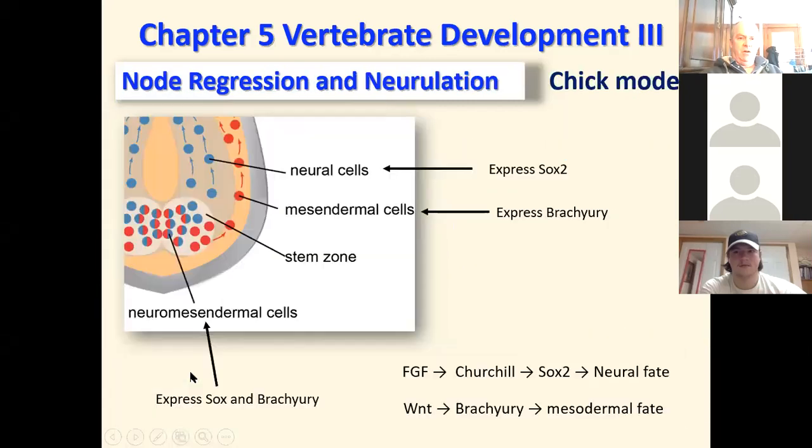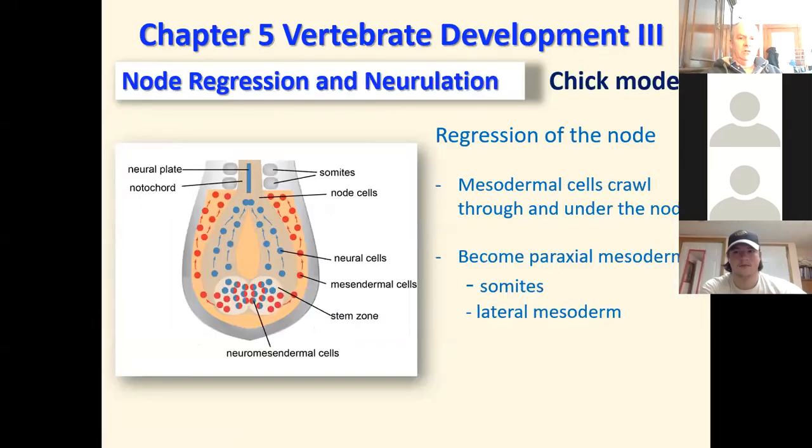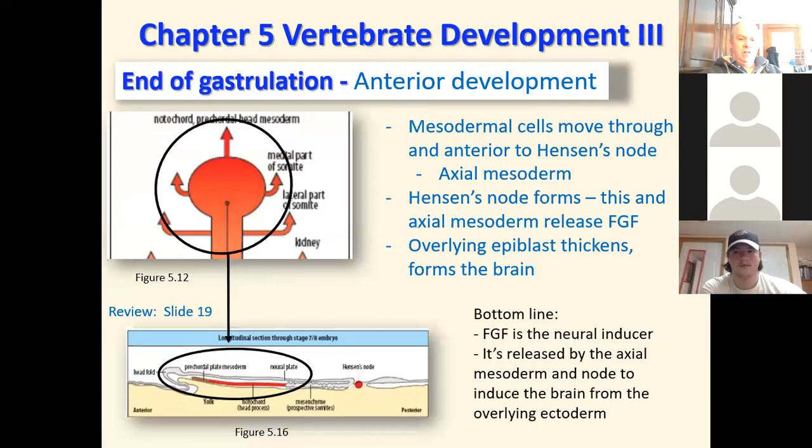And that ectoderm now is going to be made into brain, right? As I was alluding to earlier, the FGF is now a neural inducer here. So that mesoderm is releasing FGF, and we're converting this epidermal ectoderm into neural ectoderm, and that's where your brain's going to form. And that's ahead of the node. So the node's now going to go in this direction.